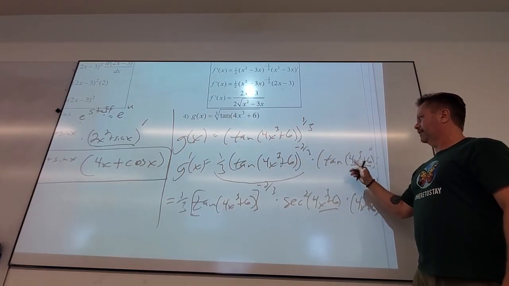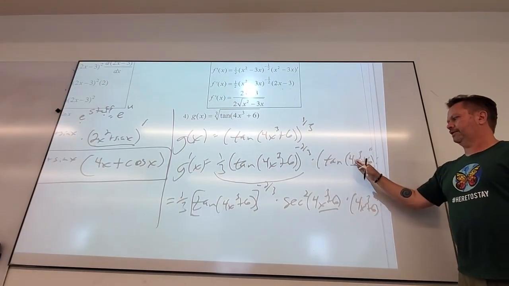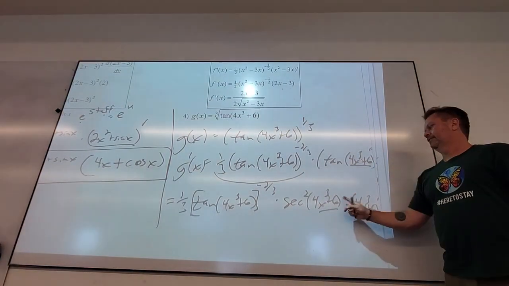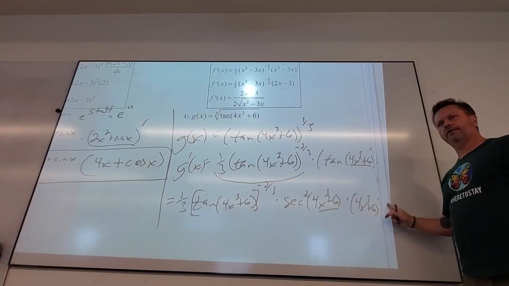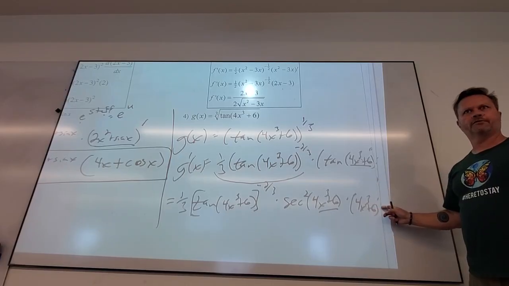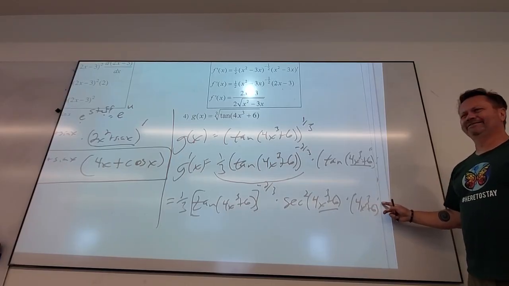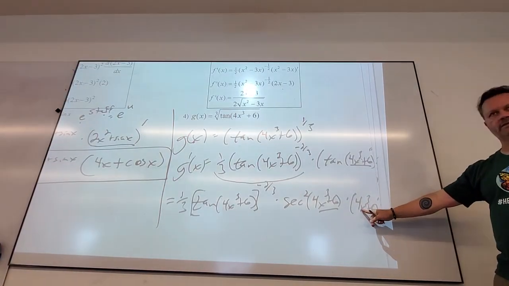This is now tangent of stuff. What's the derivative of tangent of stuff? Secant squared of stuff times the derivative of stuff. Do I need any more chain rules now? Then I do the derivative of this, and I'm done, because the inside function here is just x.